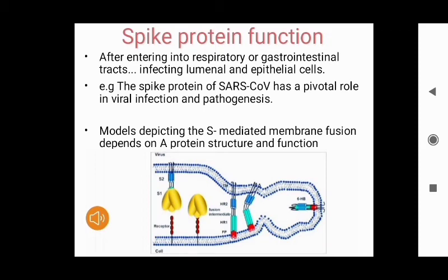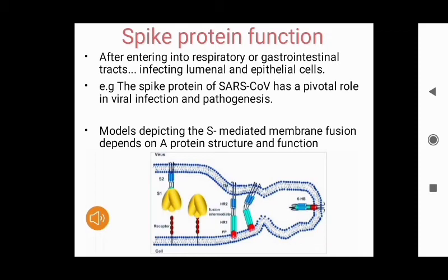The cell entry programs for these viruses are ushered by the viral spike, that is S proteins, that bind cellular receptors and also mediate virus cell membrane fusion.